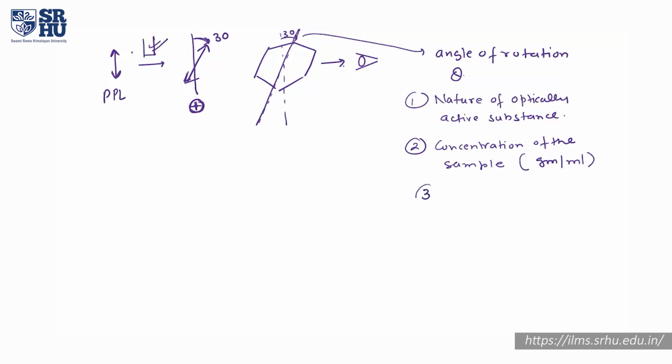The third factor on which the angle of rotation depends is the path length. It is the length of the solution through which the light passes.